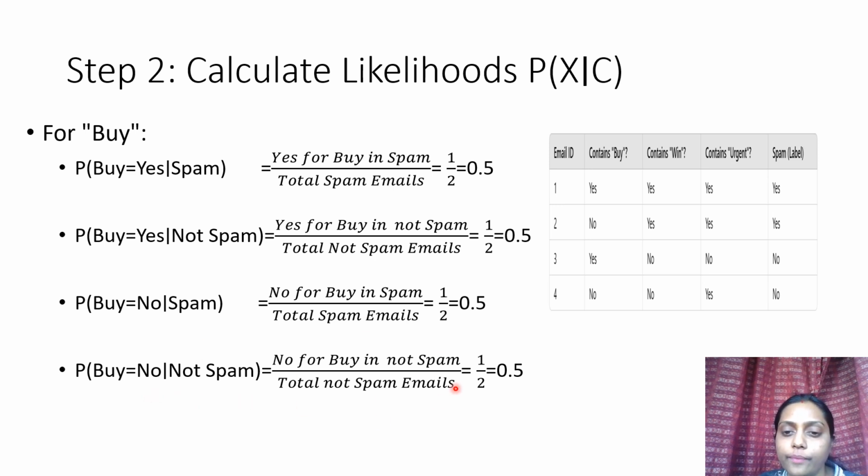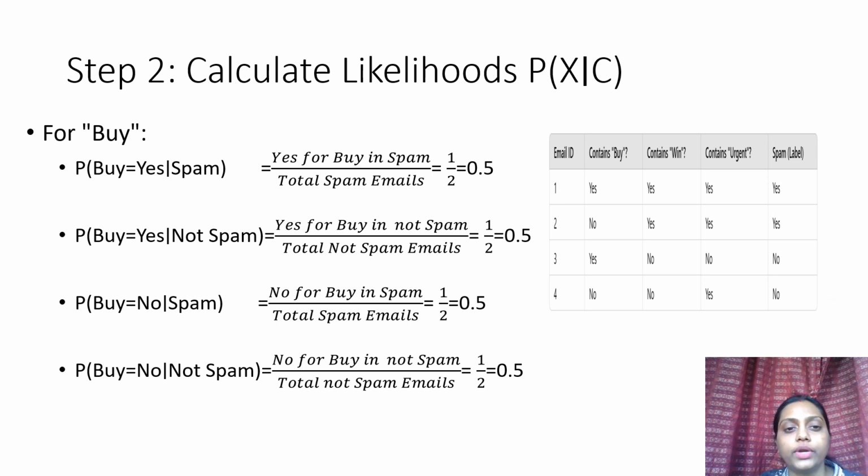Here also the buy is no as well as the message is not spam, and there are 2 not spam cases in total, of which this is the one where buy is also no. That's why this is 1 by 2, which is 0.5.